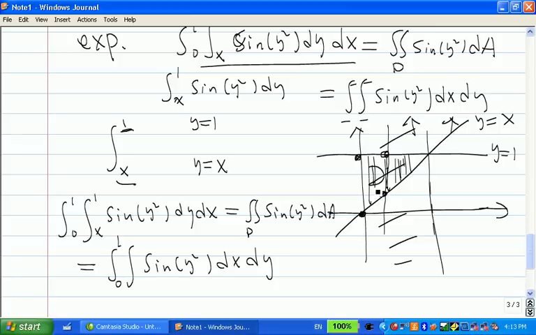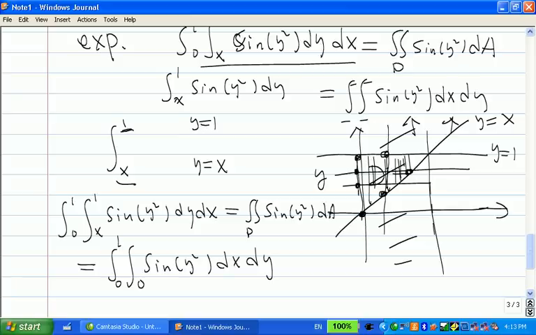Then, for this region, what is the bottom curve? This is your bottom curve, and this is your top curve. So think about a fixed y here. Your x is bigger than here, less than there. What is the equation for this y-axis? x equal to 0. For any y, the x is always bigger than 0, and less than that.